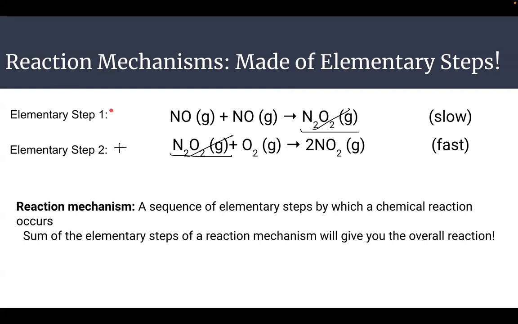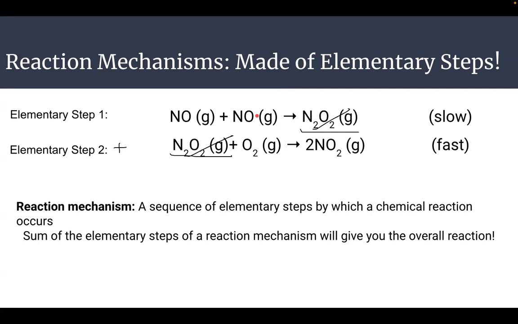NO and NO are only reactants, not products. Oxygen gas is only a reactant, it is not a product. And NO2 is only a product, it is not a reactant. So I've canceled everything that's on both sides of our equation.